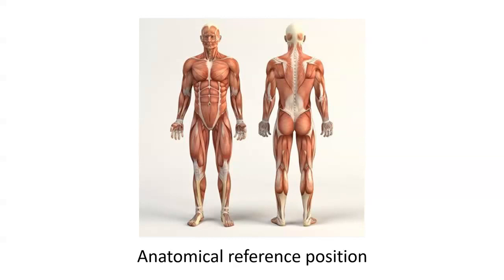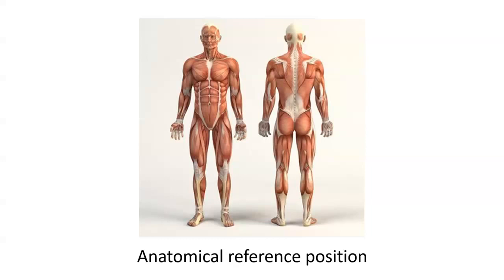Now, I mentioned at the start that this directional or anatomical terminology is used to describe the position of one part of the body relative to another. However, how accurate this terminology is depends on the position that your body is in. For example, it's correct to say that the wrist is above or superior to your fingers, but this is only true when your hands are hanging down by your sides.